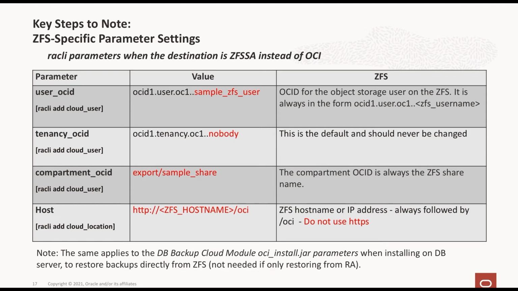In OCI, they all have this format: the first part up to oc1 is fixed, and then you have a long string of random characters. In this case, with ZFS, this OCID is just the ZFS username. Okay, so this is actually the ZFS username that owns the file system that we are going to use to store our bucket in.